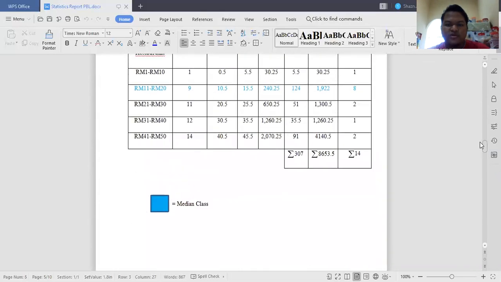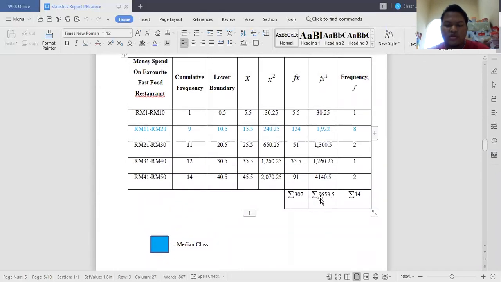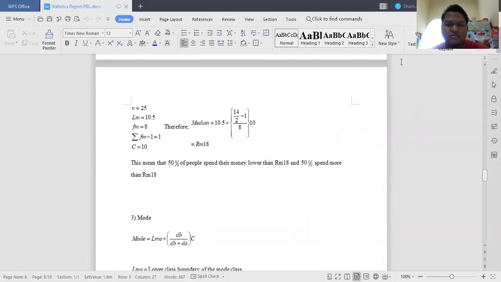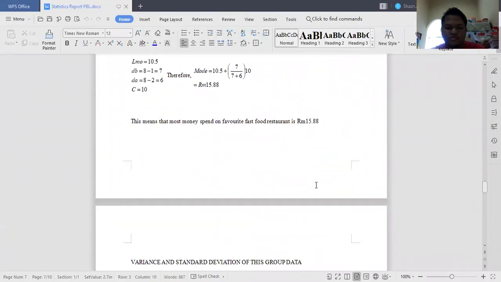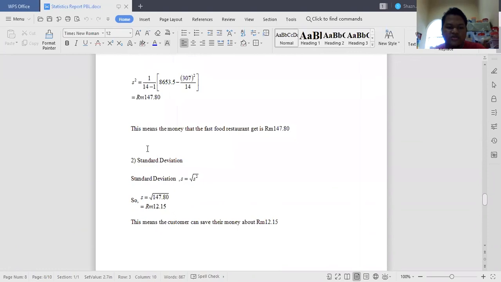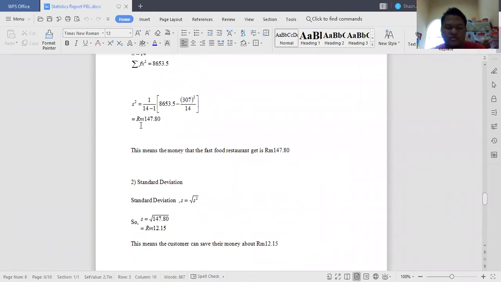Fx squared is equal to 8,653.5. So we calculate the variance and we get around 147.8 ringgit.